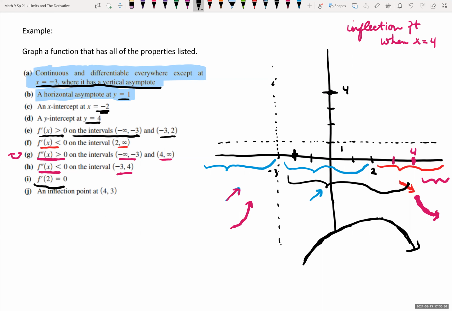I know that my first derivative at 2 is 0. Notice that that's where it was changing, increasing to decreasing. So this is going to be a local max. And it told me in the inflection point, which I told you we were going to have an inflection point at 4, but that value was at 4.3.